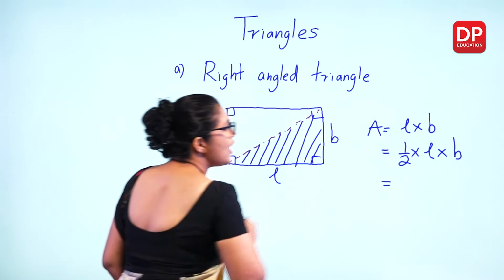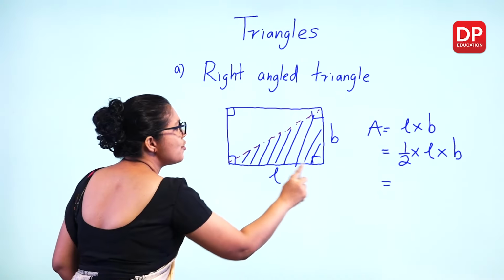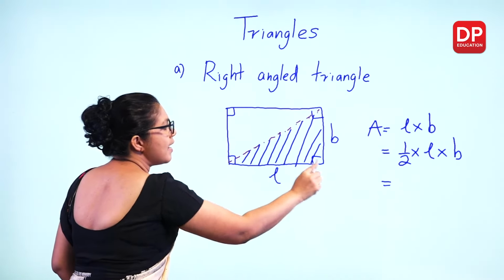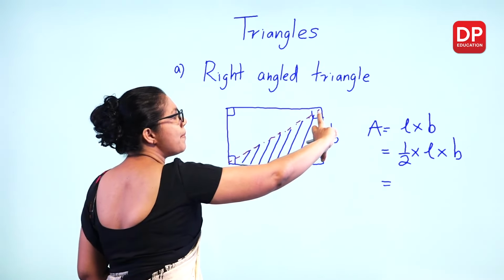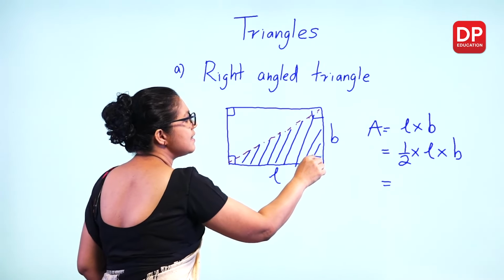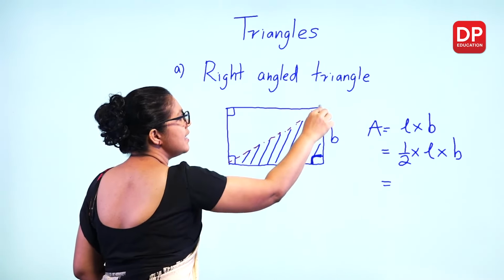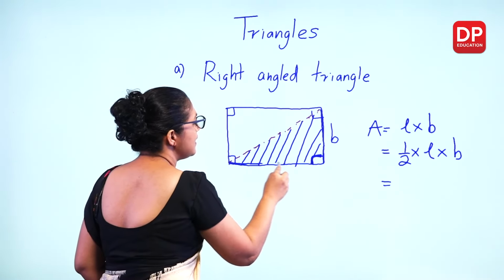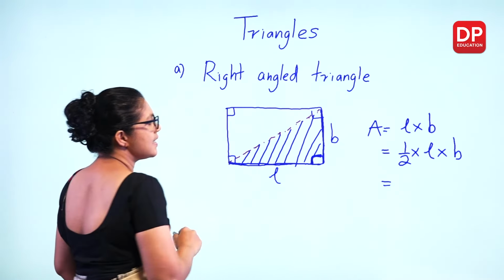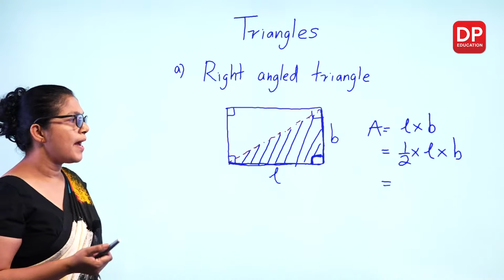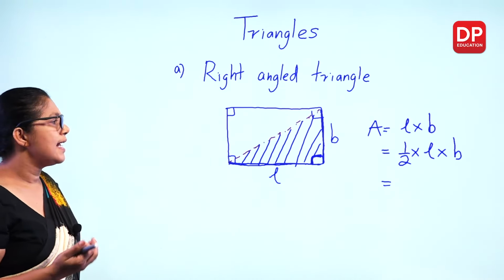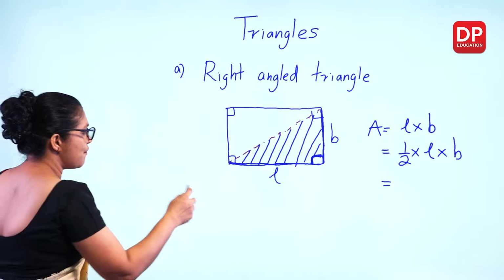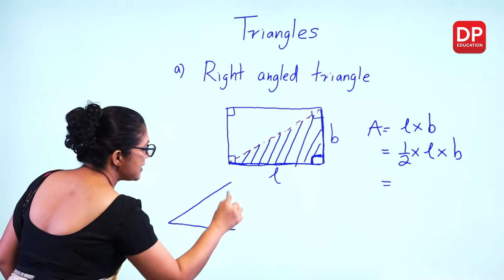So what's the formula you are getting? If you know the length of one side and the perpendicular height, because this is a right angle triangle, you can multiply these two and divide by 2, or half times L times B.